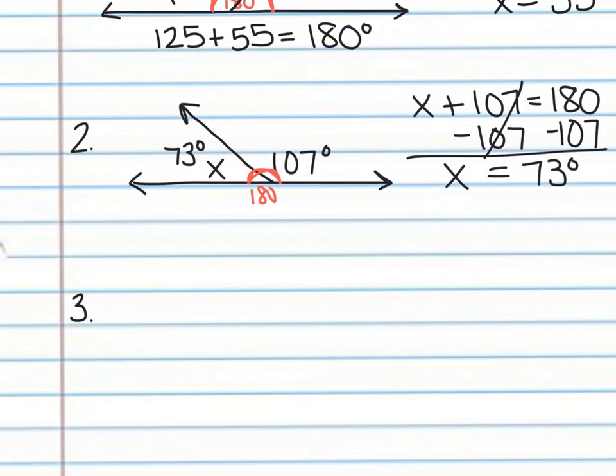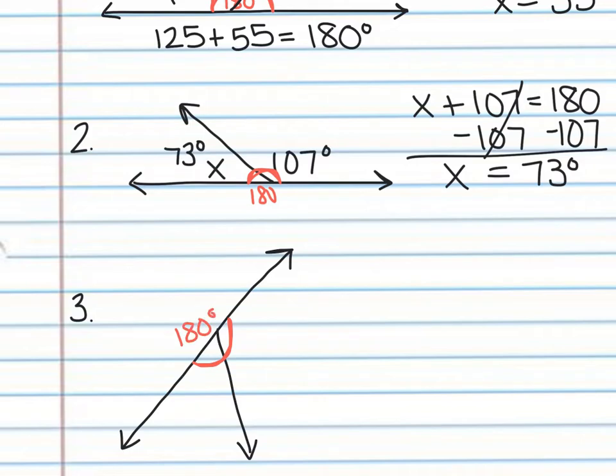This time we'll make it look a little different. So we still have a straight line here, so I know that this is going to add up to 180 degrees total. Let's see, they give us one angle that's 48 degrees, the smaller one, and we have to find the missing angle.